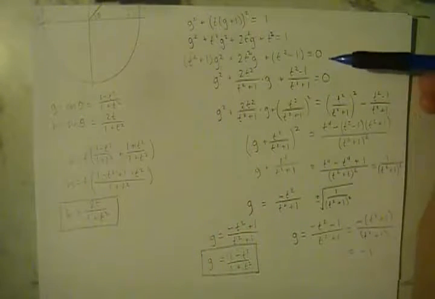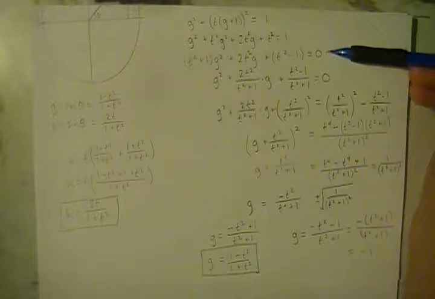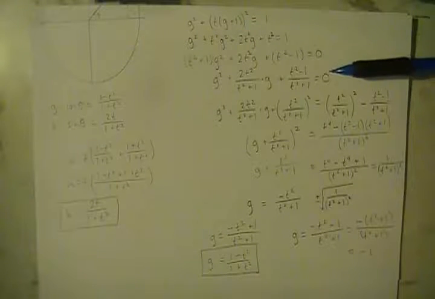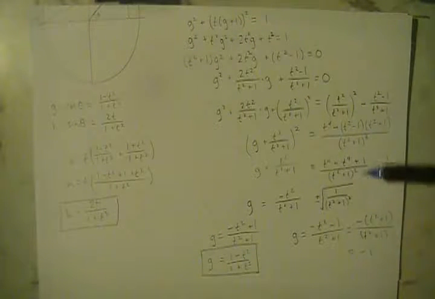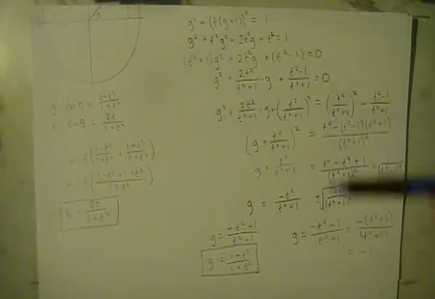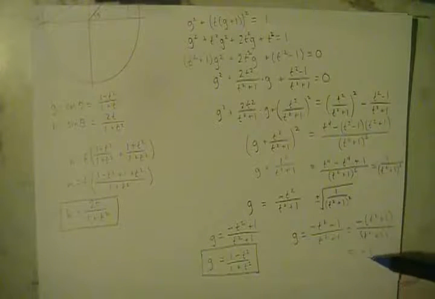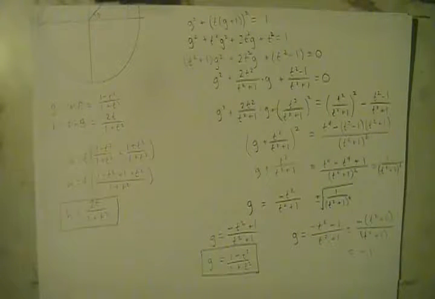So we can either use the quadratic formula on this equation, or we can solve it by completing the square. I just completed the square to show all the steps. And that gives us g is equal to -1. That point, the intersection point of the circle and -1, 0.